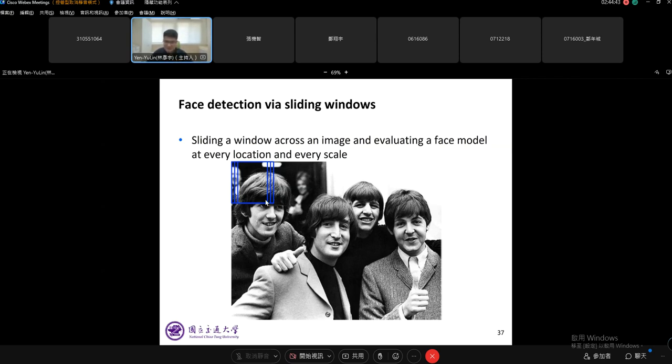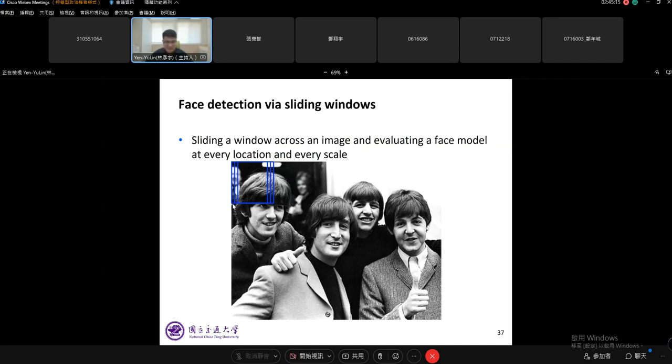This classifier is used to separate the face from non-face patterns. So it is a two-class classification problem. The positive class is face, and the negative class is non-face. So this is a binary class classification problem to determine if this window is a face or a non-face pattern.